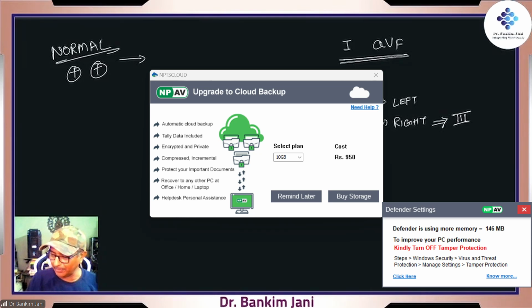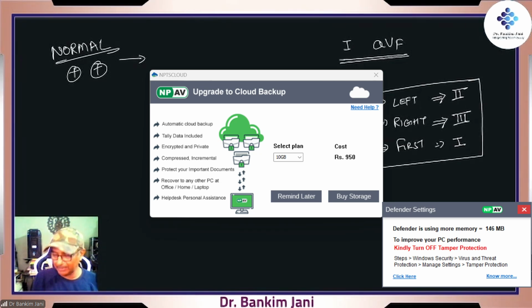AVL has fewer alphabets, so it will be related to 2. And AVF, F for first, so that would be related to lead 1. I'll explain, but if you want to remember in a flash, remember this: whenever our answer is AVF, it is lead 1 that is associated.